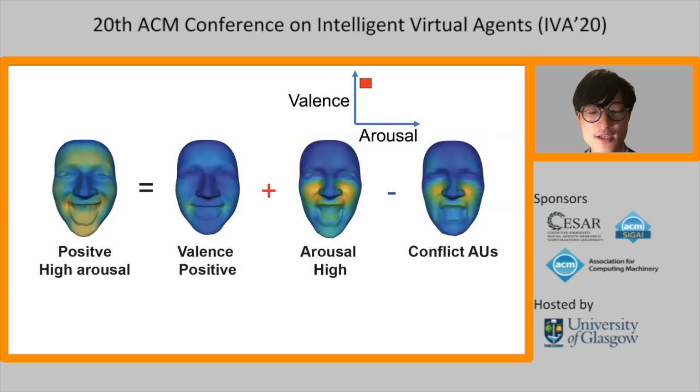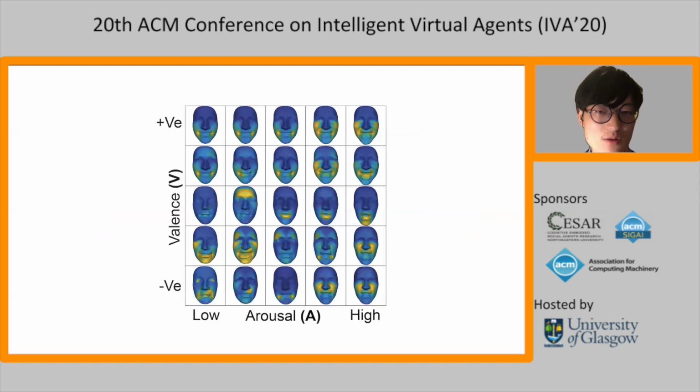Okay, now we need to pair the five expressions in valence and five expressions in arousal, to get a 5 times 5 valence and arousal space, but remove the conflict AUs as I mentioned before. Now we have this 5 times 5 space for expression to transmit a full range of emotions.